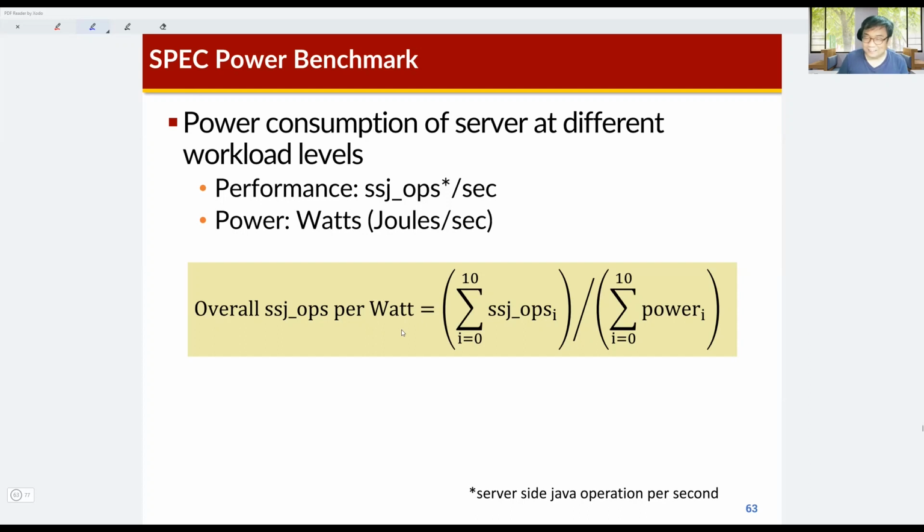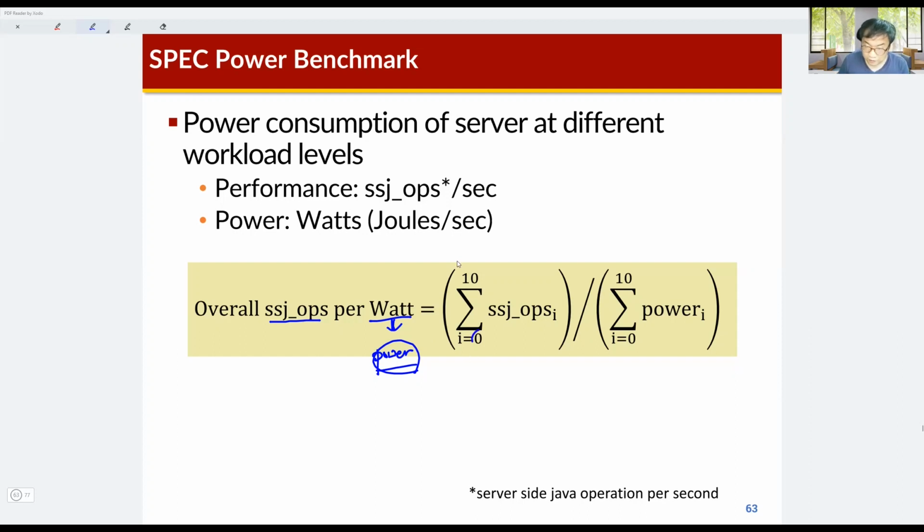What does that mean? Watt is the metric of power consumption, and ssj_ops means server side Java operations per second. That means the number of executed Java operations per second.